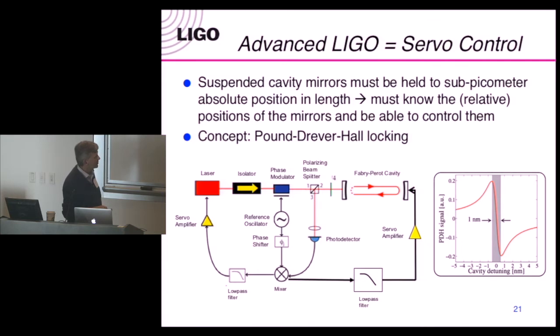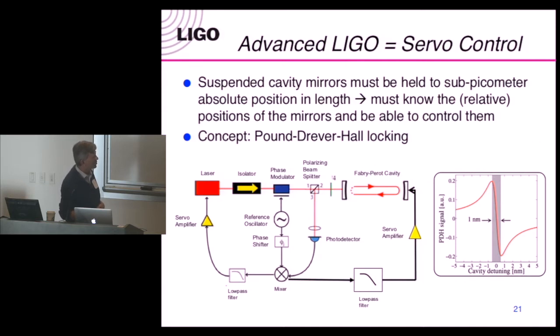reference. So some of the light that gets into the cavity and transmits back mixes, or we say beats, with some of the frequency-shifted light that doesn't get in, and that serves as a reference, and you get something called an error signal here. As one of these mirrors moves by a small amount relative to the other, a nanometer, you can see that you've got a very steep slope here that this can sense.